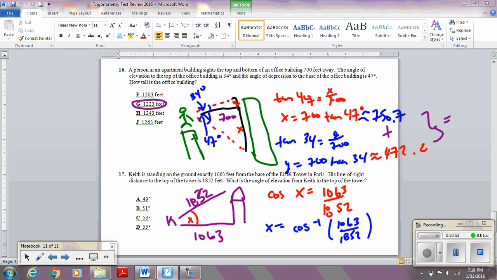And when you grab your calculator and type that in, you get roughly 54.97, which is 55-degree angle.